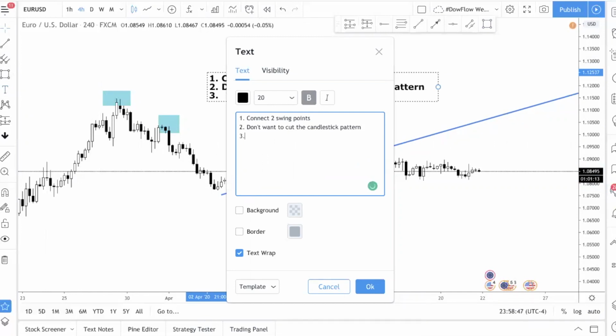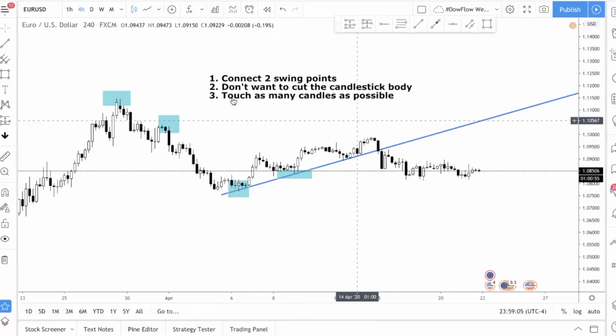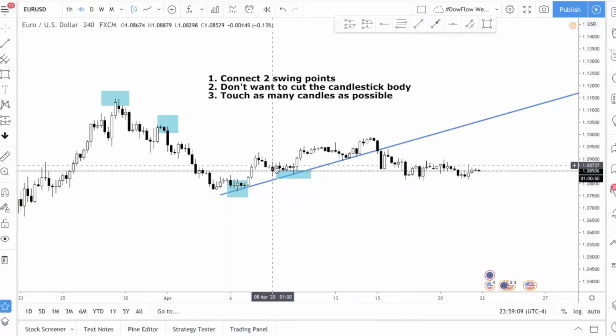Let me just list out all the steps, and the last point would be to touch as many candles as possible. Point number one, I already spoke about: connecting two swing points. So you have one swing point here, two swing points.